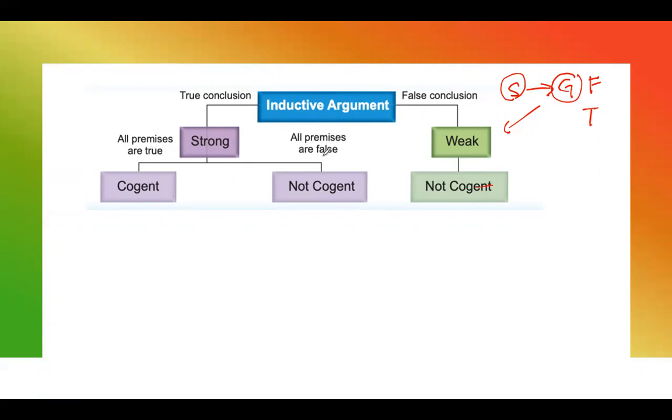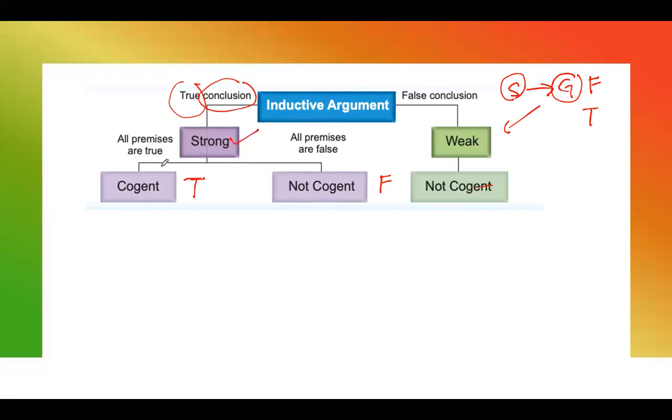If all the premises are false or one of the premises is false, then it's not cogent, right? Cogent is when everything is true. This is false, okay? To determine whether it's a strong or weak argument, we look at the conclusion. If the conclusion is true, then it's strong.